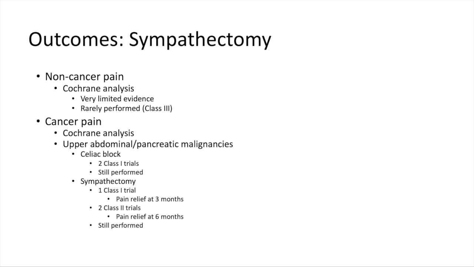Only surgical sympathectomy, cervicothoracic or lumbar sympathetic chain ablation or coagulation by open, endoscopic, laser, or radiofrequency, or chemical sympathectomy by phenol or alcohol solution injection of cervicothoracic or lumbar sympathetic chain were included. The review showed that treating neuropathic pain with sympathectomy is based on very limited evidence.